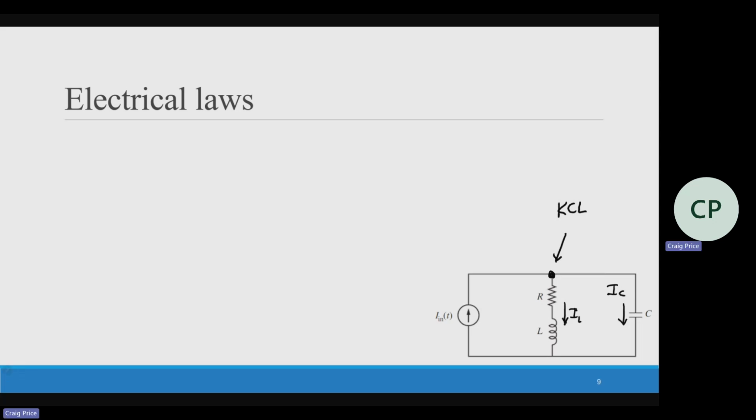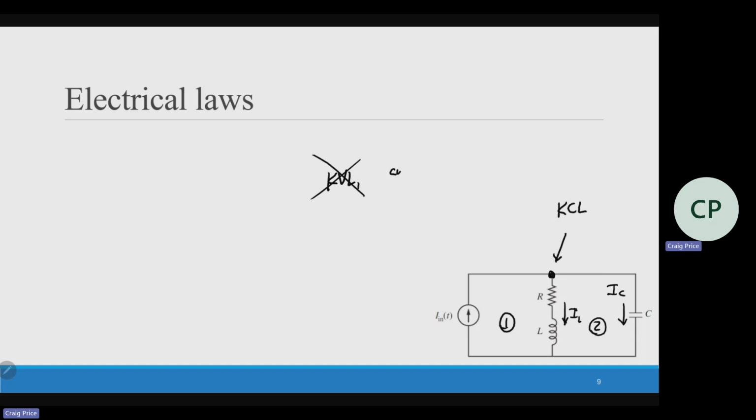How many KVLs can we do? How many closed loops do we have? We have two closed loops. So how many KVLs can we do? One. Why is that? If this is loop 1 and this is loop 2, I can't do a KVL1.